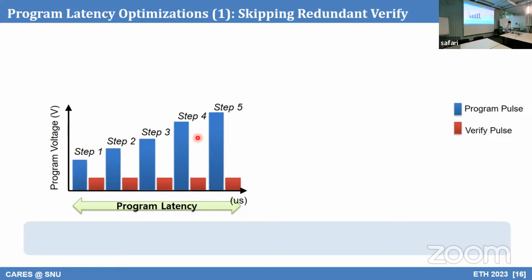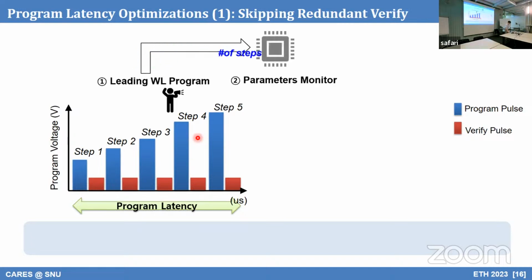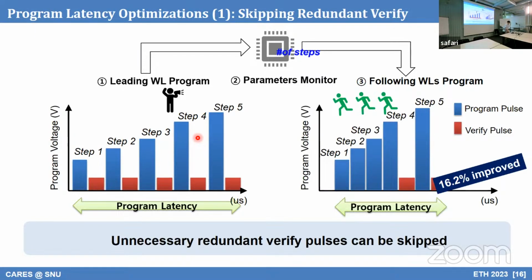If we have this information from the reading word line, we don't go over all 5 steps for the remaining word lines. We may skip, for example, the verify pulse, because we know after step 1, verify will fail, and after step 2, same. So we only verify at step 4 or step 5. This gives you, for example, about 16% improvement in terms of program latency.